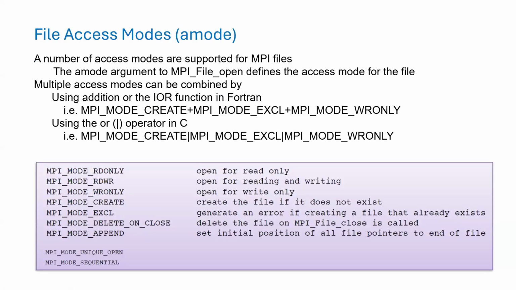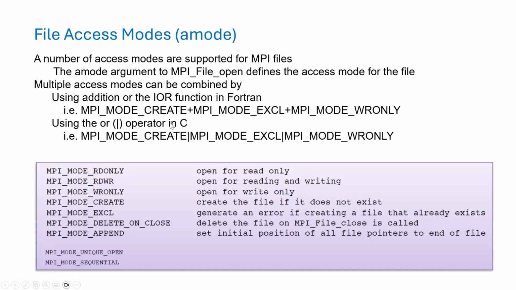So this basically lists pretty much the most used file access modes, we call it a mode. MPI defined a number of access modes. For MPI file open, the mode argument defines the access mode, and modes can be combined.